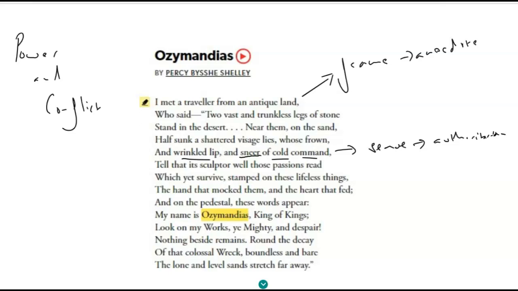So again, we're talking about Ramses here, and I think we're talking about his relationship to the people, the hand that mocked them, the heart that fed. So this kind of suggestion he has a sort of scornful kind of arrogance about him, and his own people he kind of mocks and scorns.